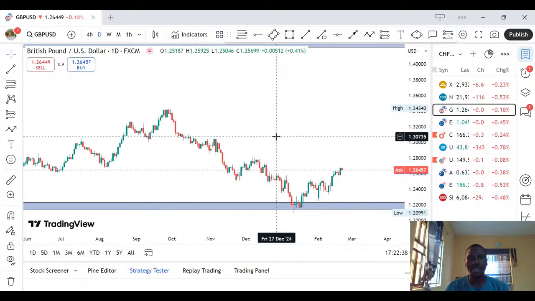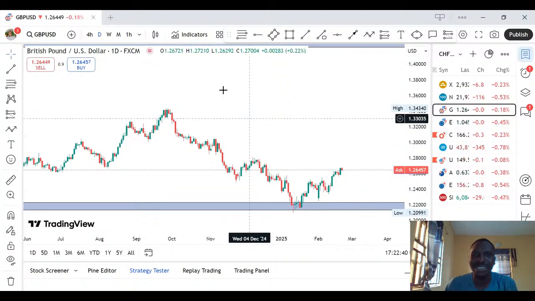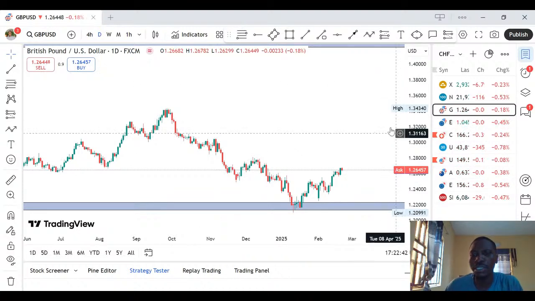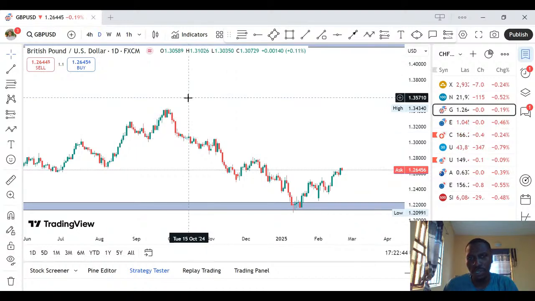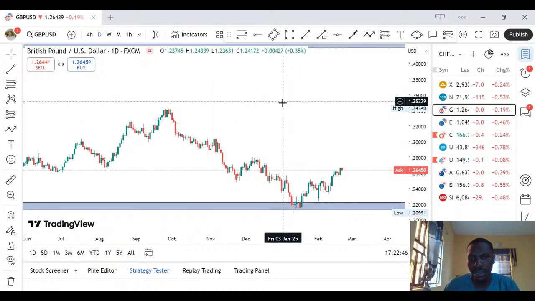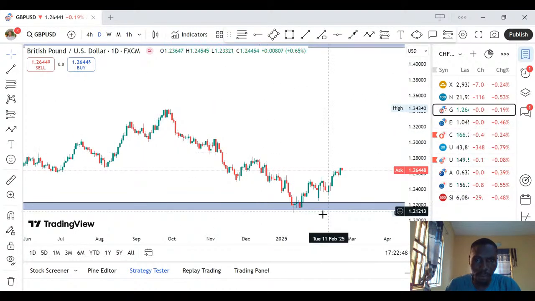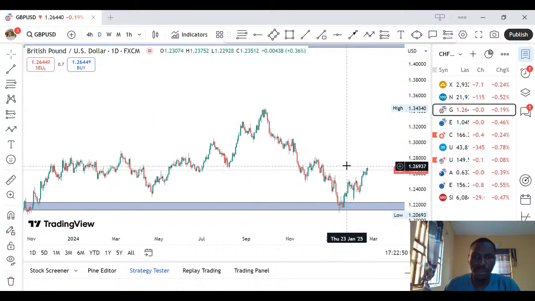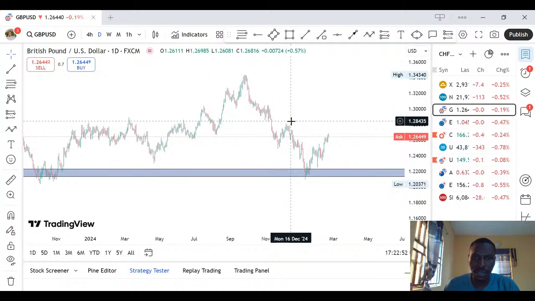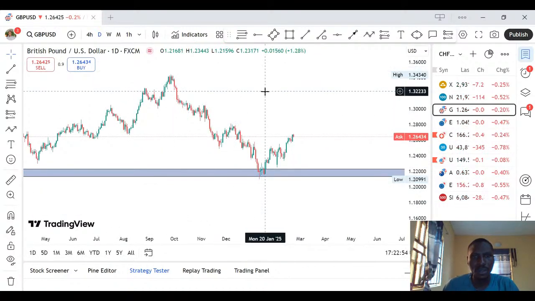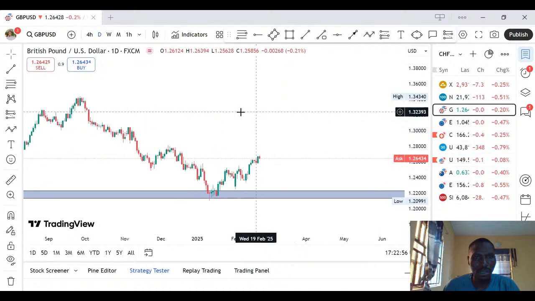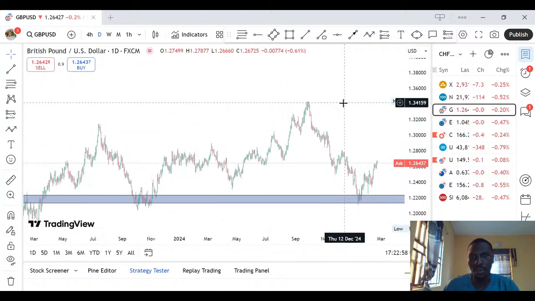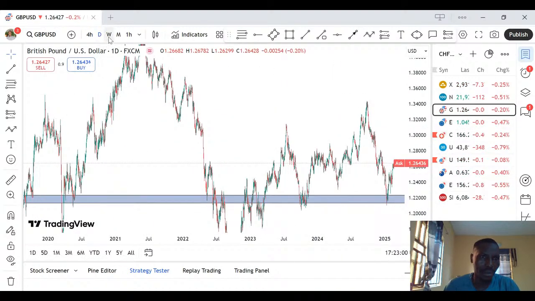If we look at this from the daily perspective, we can realize that the AUD and the GBP charts are more or less the same. But this is fully bearish, so on this, I'm not going to take this trade. If we look at the overall trend, let's come to the weekly.